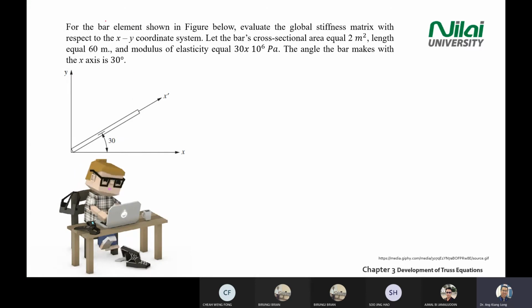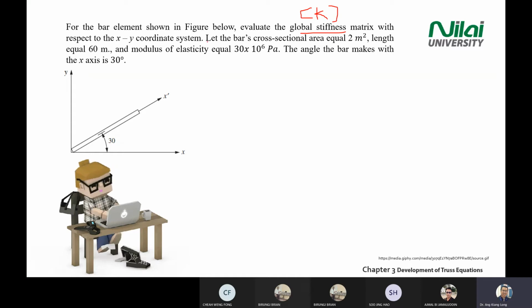Again, if you see the word bar, recall that in your answer you're writing area, Young's modulus, and L. If you see this keyword in the question, expect something like AE divided by L, so in your answer you should be writing area, Young's modulus, and length. Evaluate the global stiffness matrix. We need to find the global stiffness matrix, which is a capital K.